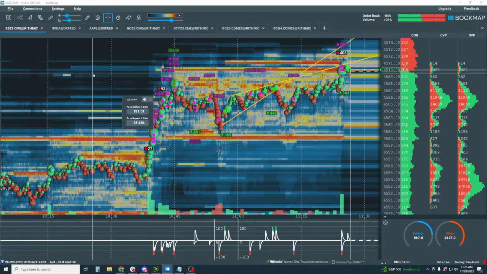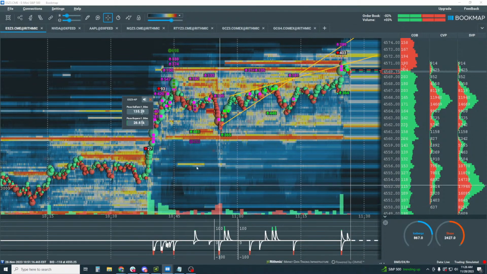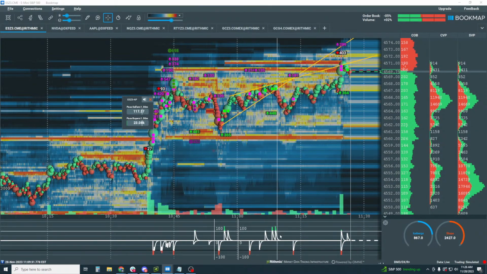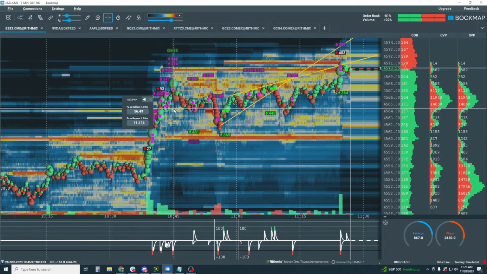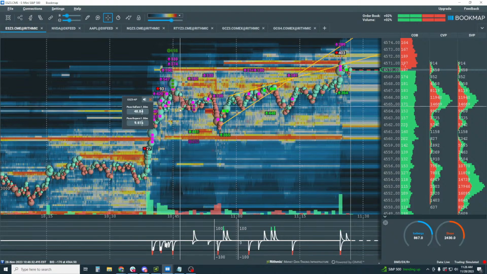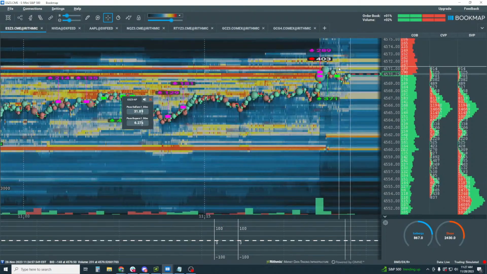So it's spitting out two lines. It looks like it's similar, but there's actually two lines in here, one on the buy side, one on the sell side. You can see it in here in the settings, the buyers and sellers percentage. Okay, we just had high absorption up here.